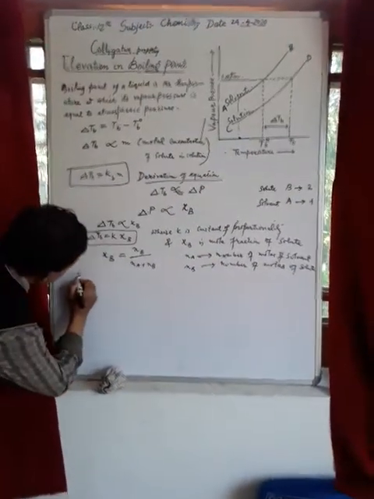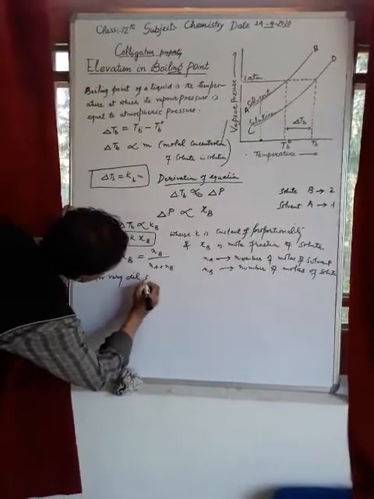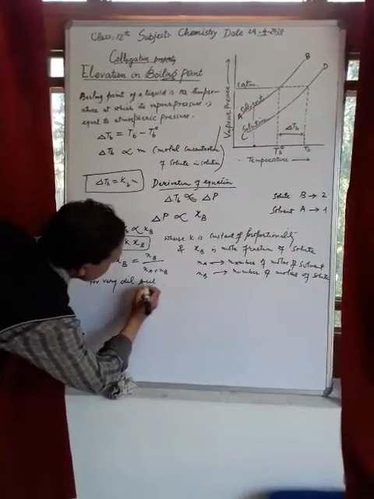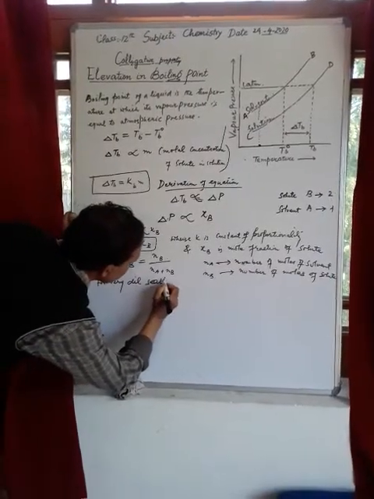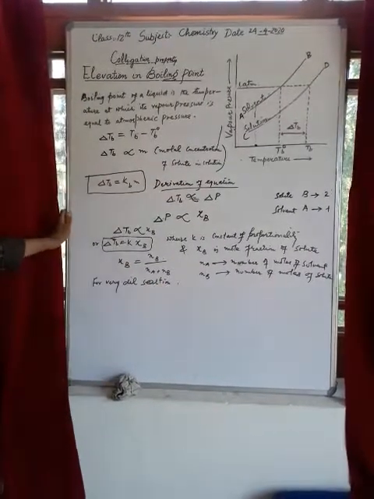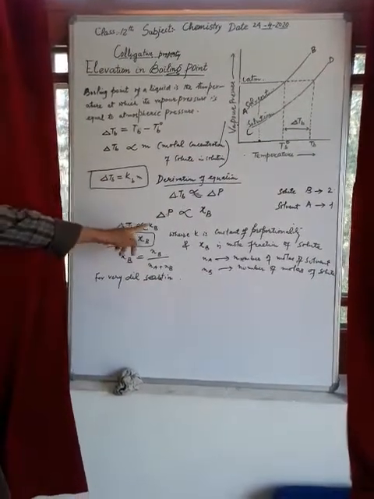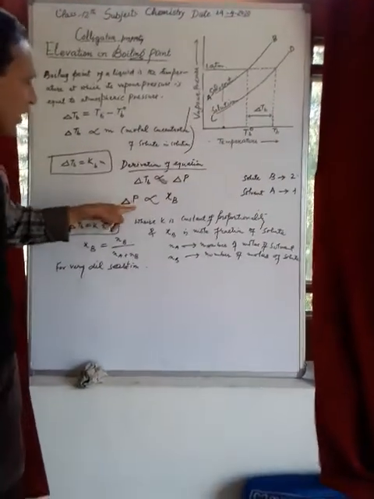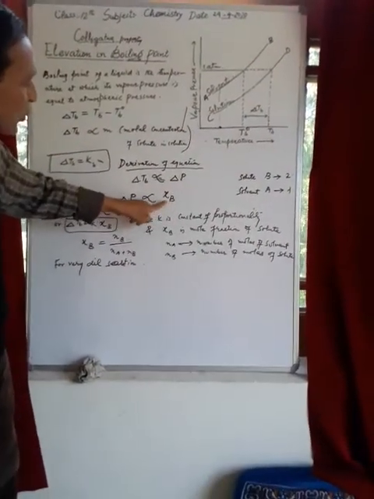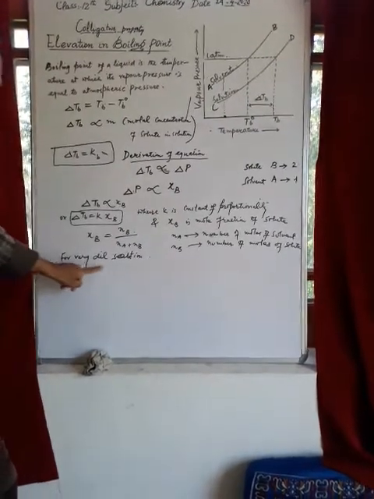For a very dilute solution, since we are applying Raoult's law, because Raoult's law says that the lowering of the vapor pressure is directly proportional to the mole fraction of the non-volatile solute, so we are taking the dilute solution.